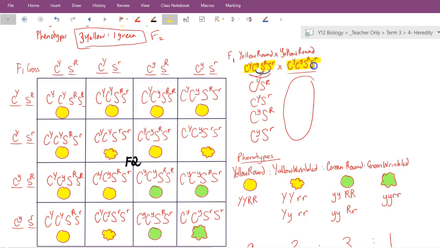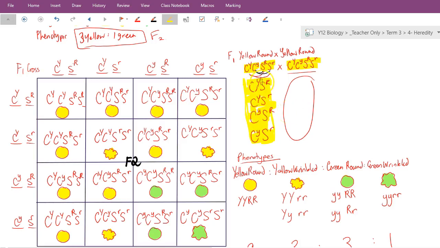See, they were both crossed together, and when you look at the alleles that they can have, that means they can only pass on one allele for colour and one allele for shape. These are the 4 possible allele combinations that they could come up with, and that's what I've put on my dihybrid cross over here.